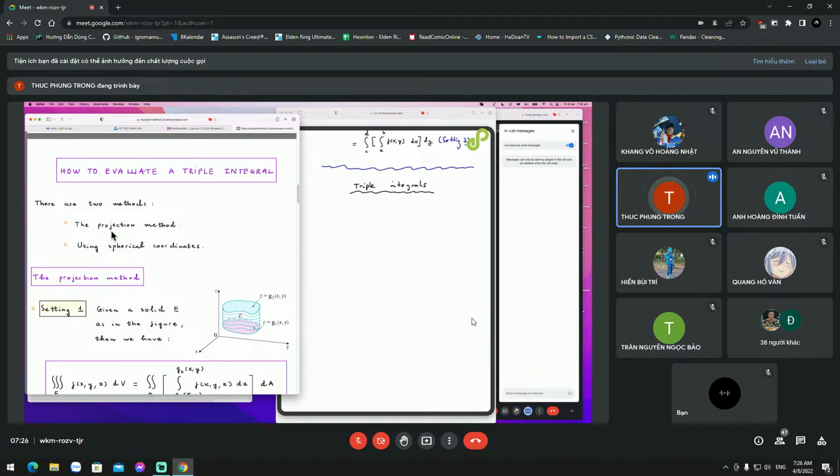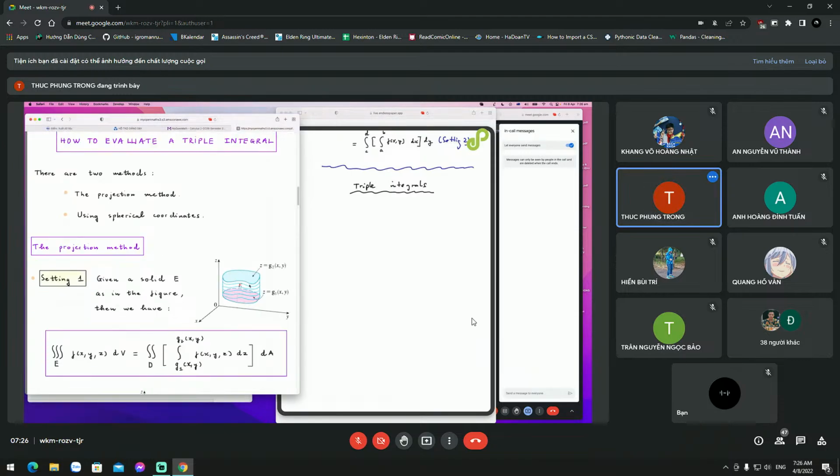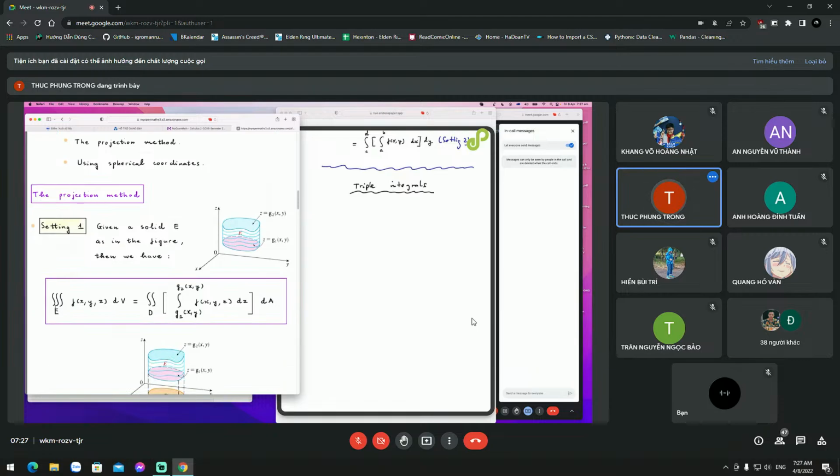Now let's consider the first method, the projection method. All right, so now you can see this time we have an object in three dimensions, not two dimensions like double integrals. We have an object in three dimensions, and the function we have now is a function of three variables. So just imagine that this is the density function. So we have three variables.